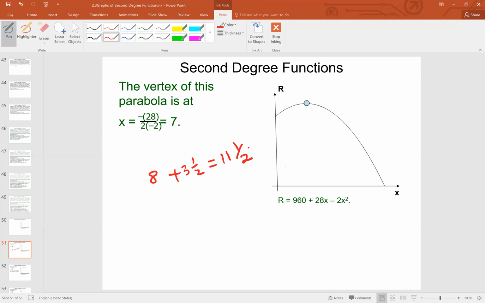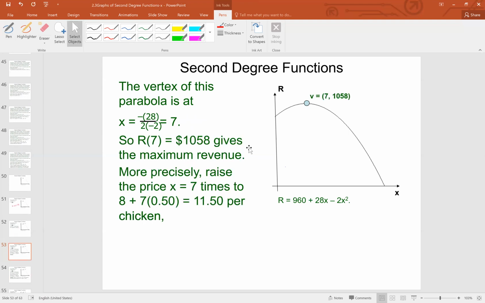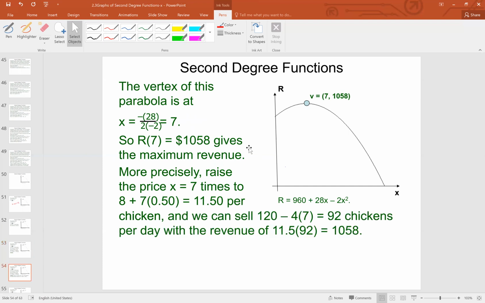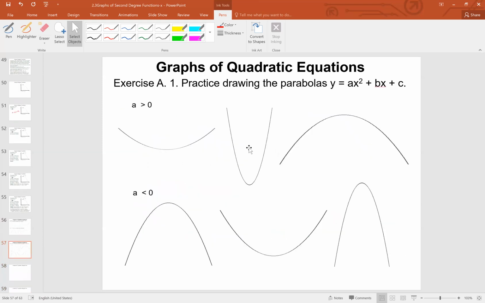And of course you sell a lot fewer chickens, but you find out the revenue is $1,058. Okay, so $11.50 per chicken, you're going to sell 92 chickens to get $1,058, and that will be the most amount of money you will take in. Okay, so this is an example of an application of a second degree equation and the vertex.